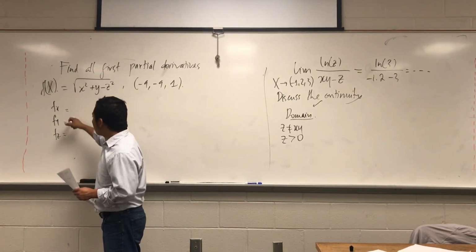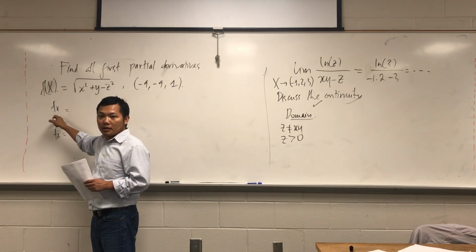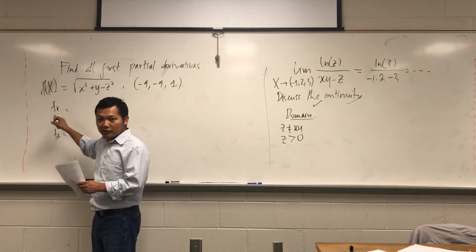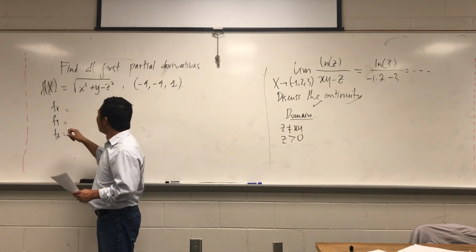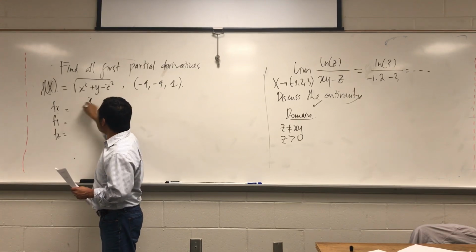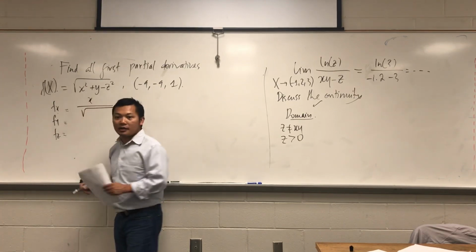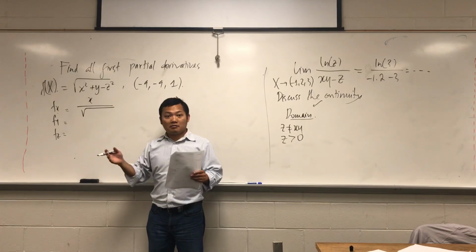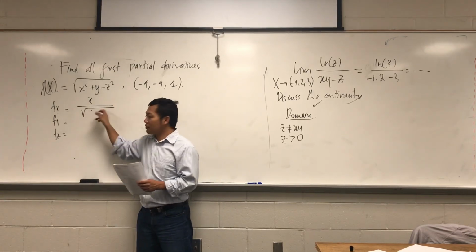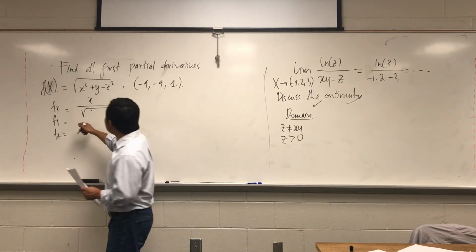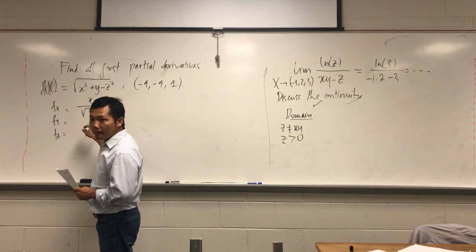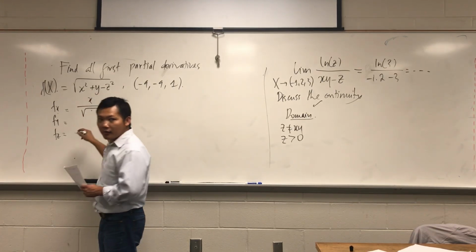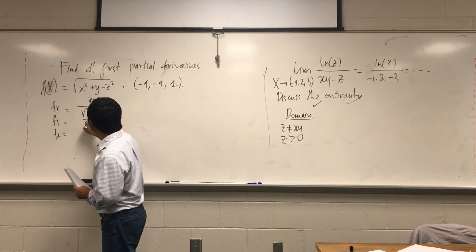Please tell me, what is the partial derivative with respect to x? Just x over the square root, right? That's it. You copy everything and put it in here. Partial derivative of y is what? Now we need 1/2, right? So 1/2 over the square root.